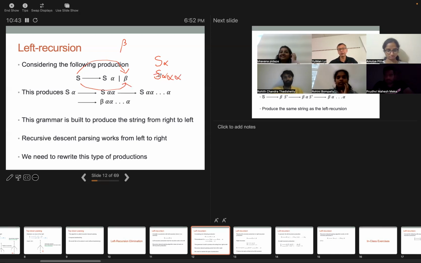Then your S will be gone. It will be replaced by beta. Okay? So this grammar is a beta followed by any number of alpha. So convince yourself this is what it generates first.